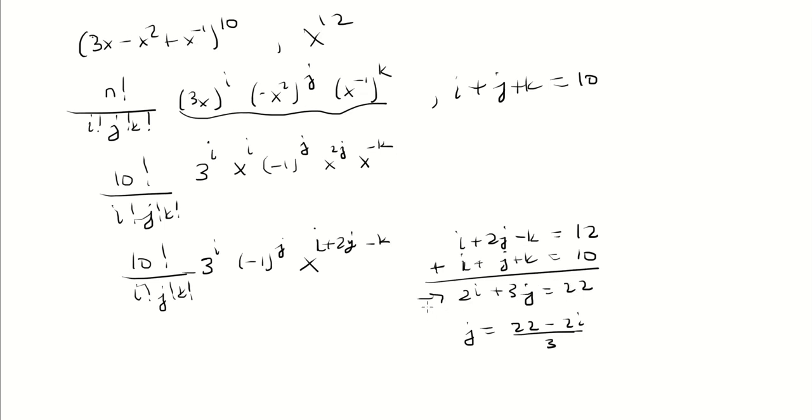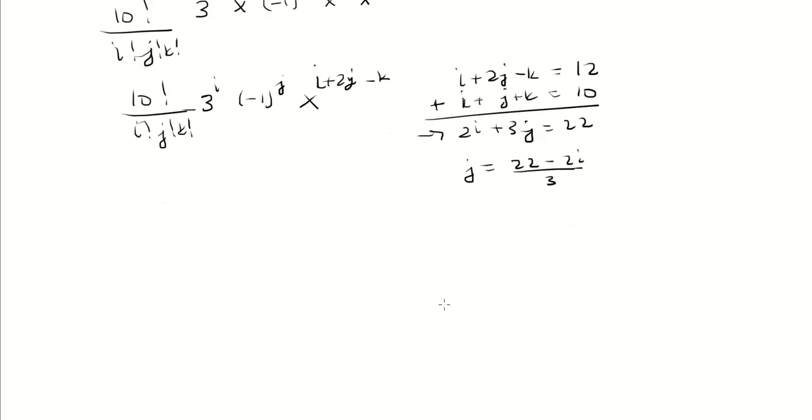So basically, we want to try different combinations of i and j. I guess really i, so that j is going to be an integer. So for example, if i is 1, j is 22 minus 2 times 1 over 3, which is just 20 over 3, and this is not an integer.